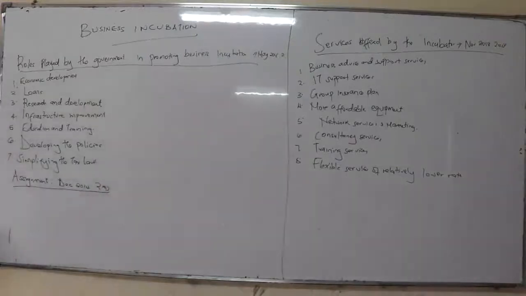Assignment, December 2014, question number 2A, which was asking to describe the three processes which entrepreneurs go through in business incubator. Describe the three processes which entrepreneurs go through in business incubator.